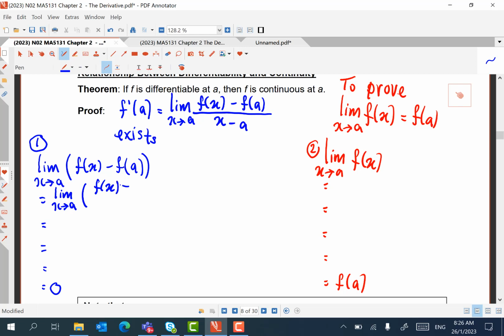Why do I do this? It's because I know something about this. What do I know? I know that this limit exists. How do I know? Because it's given in the condition. And because this limit exists, we have learned before, I can then break it up into the product of the two limits.